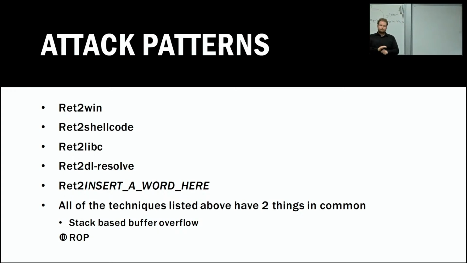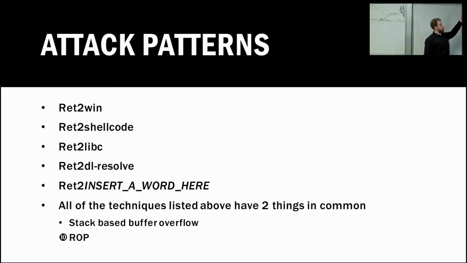So ret to win, we'll be looking at that today. That's the simplest one, and that's a proof of concept for stack exploitation. Then we have ret to shellcode, which implies that we have a shellcode, machine instructions, already somewhere in memory, and then we point the return address there and just execute them.